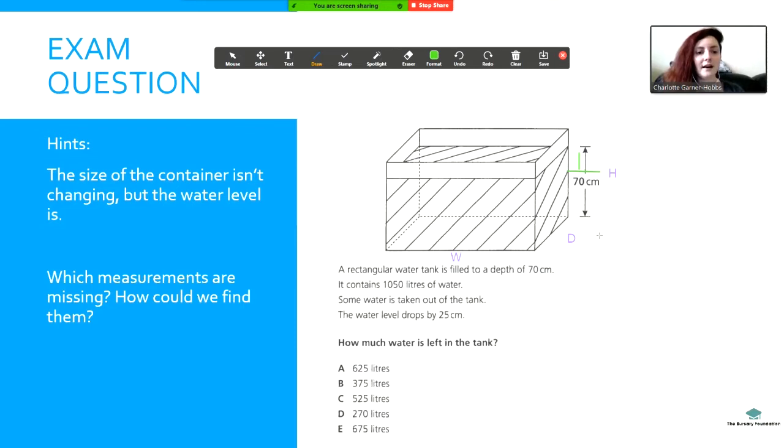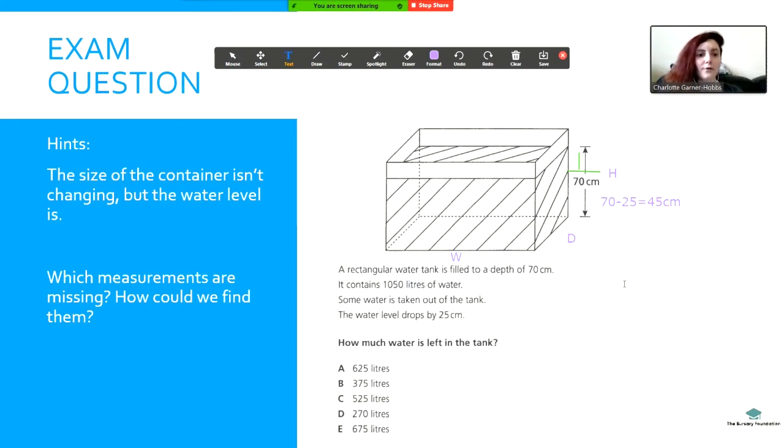So this height, I know, would turn into 70, subtract 25, which would get me to 45 centimetres. Now, what I'd like you all to do is pause the video for a couple of minutes and have a think about how we could use this information to try and solve how much water is left.